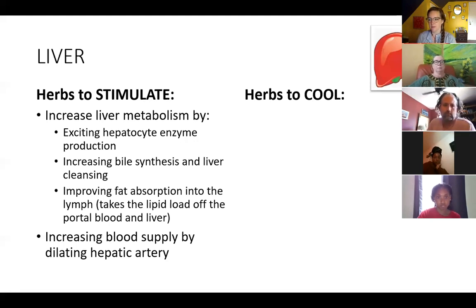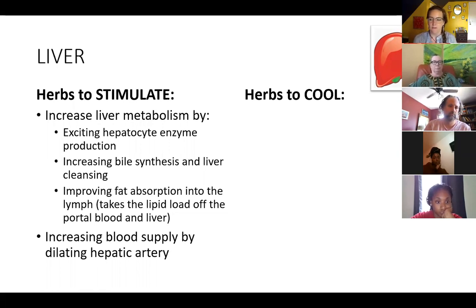So increasing liver metabolism means exciting the liver enzyme production, increasing bile synthesis, and liver cleansing. This is a weird term to me, the liver cleansing, because there are things that just generally support the liver, and there are certain things that help bile reproduce, even though most of the bile in your body is recycled.